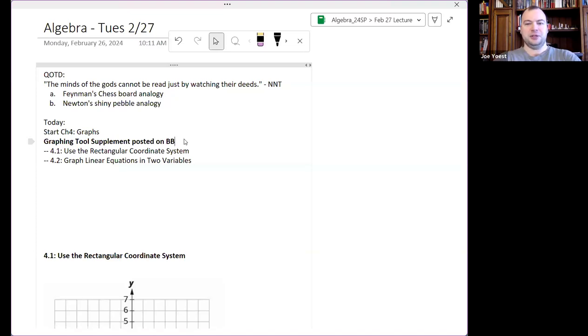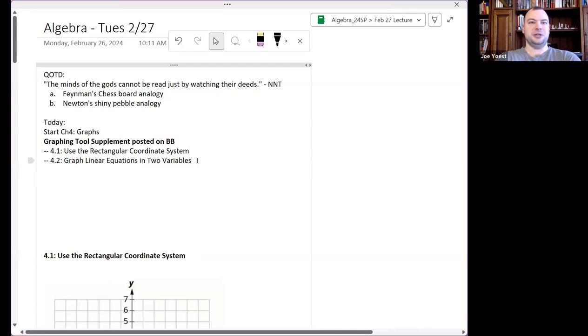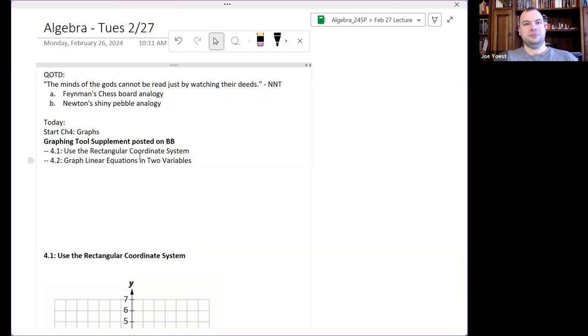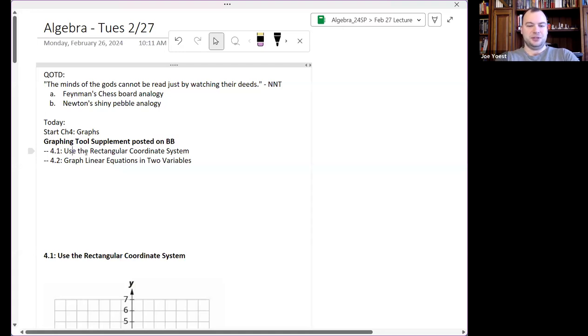So just make sure that you're using the appropriate one of those. For our discussions, that's usually going to be the line that extends in both directions. But again, take a look at the supplement and be a little bit careful when you're using that graphing tool the first couple of times. After you've done 2 or 3 problems with it, it'll be pretty smooth sailing. But some of those little nuances can catch you off guard at the beginning.